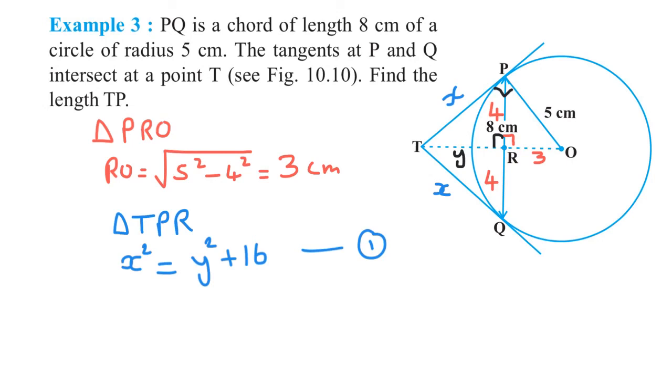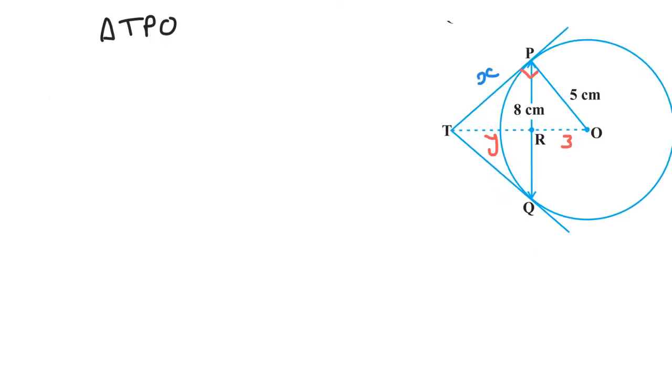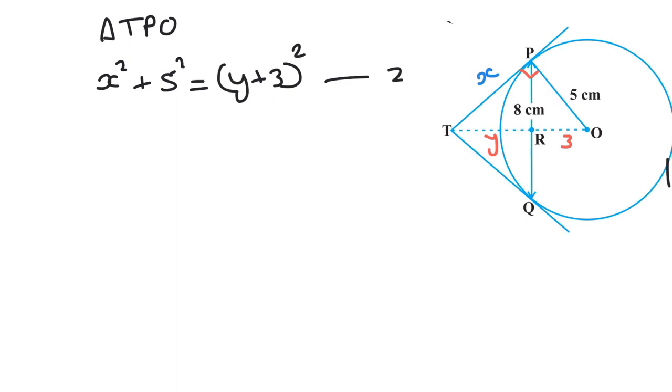If we apply it for triangle TPO, x squared plus 5 squared will be equal to y plus 3 the whole squared, isn't it? So we have x squared plus 5 squared equal to the hypotenuse, y plus 3 the whole squared. Let's label this as our equation 2.